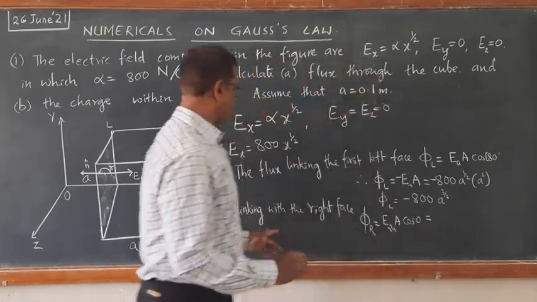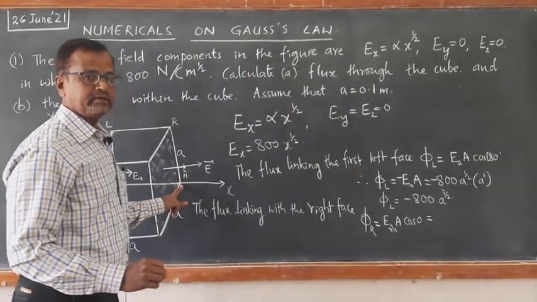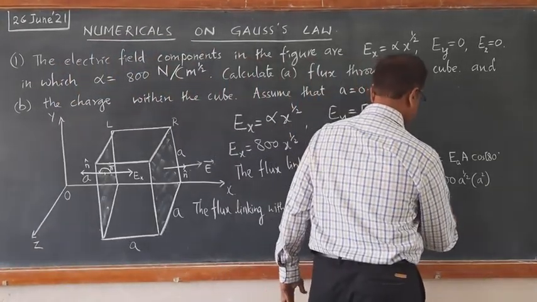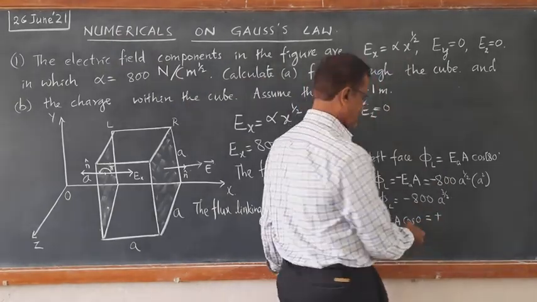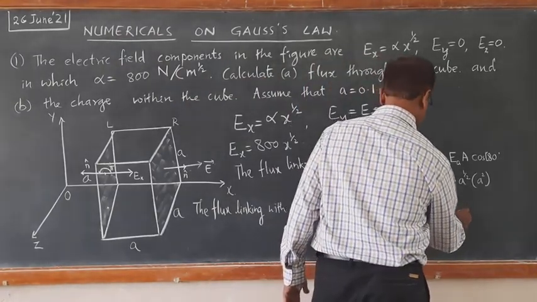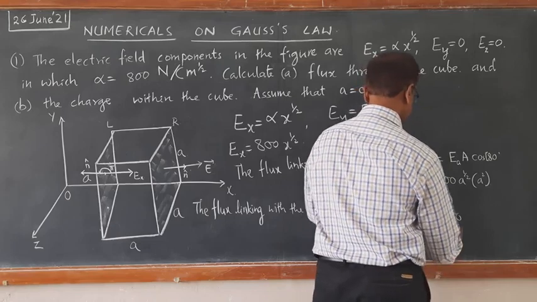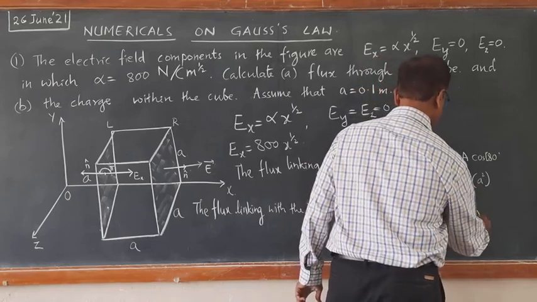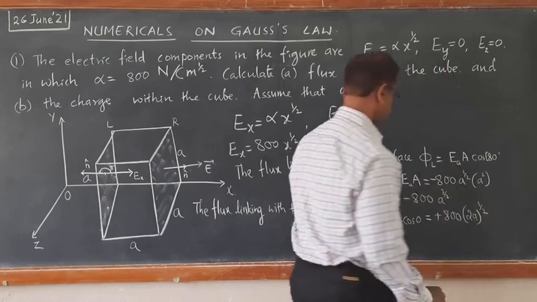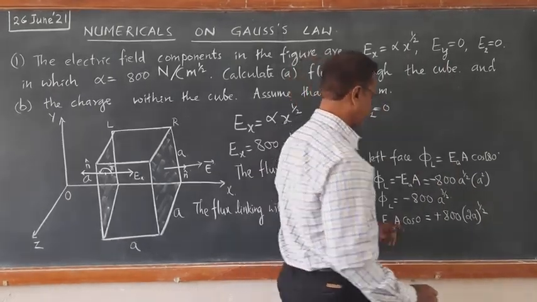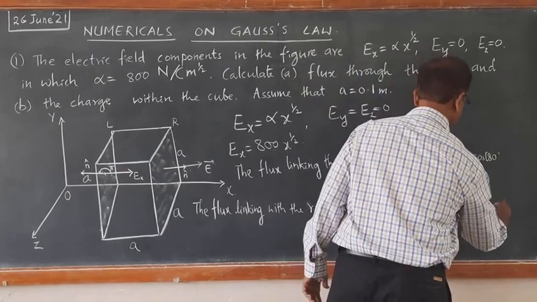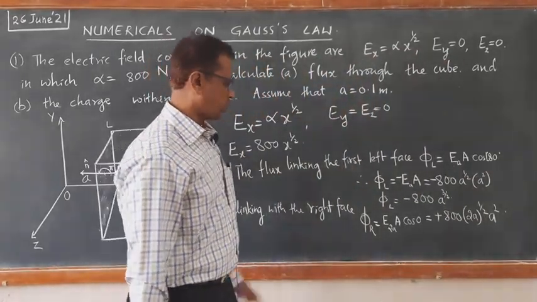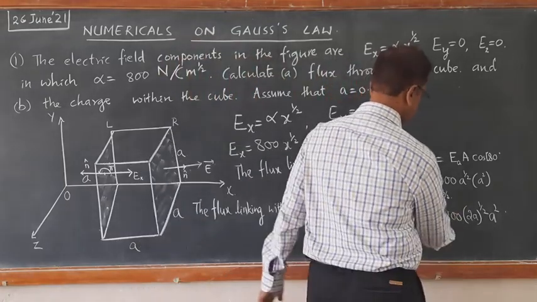So the electric field at this place is positive 800 into 2A raised to half into area A square, therefore positive.